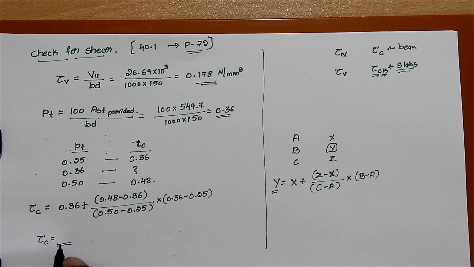Substitute here and calculate, we will get the tau c value as 0.413 Newton per mm square.